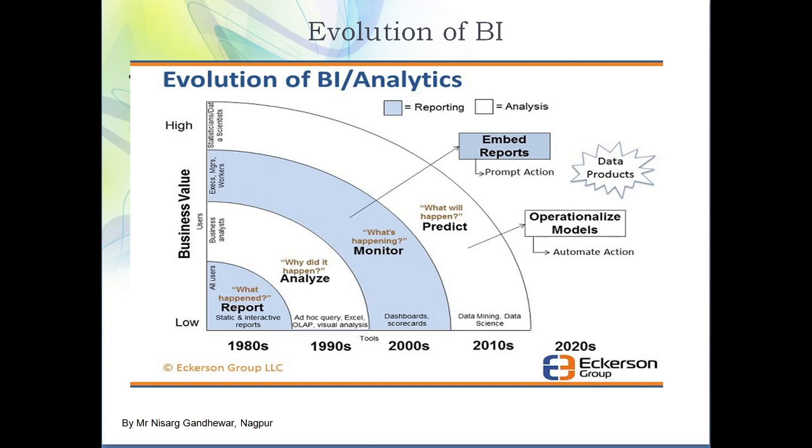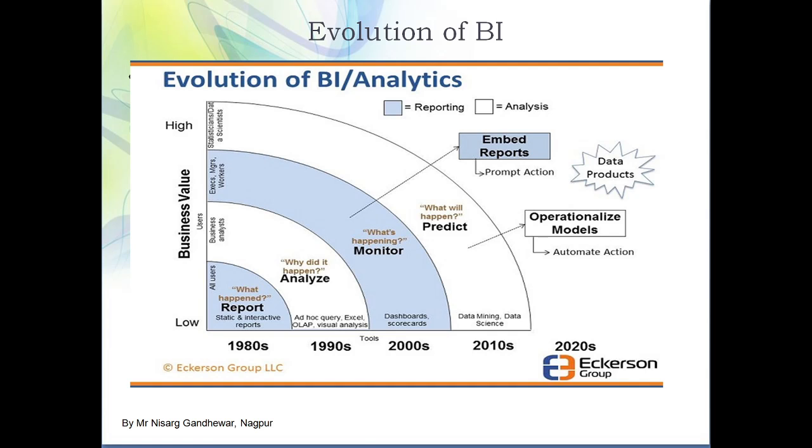Then after 10 years, in the 1990s, what happened? By using BI we were able to analyze why it happened: based on the data gathered related to a business, we try to understand why this thing happened with that business.